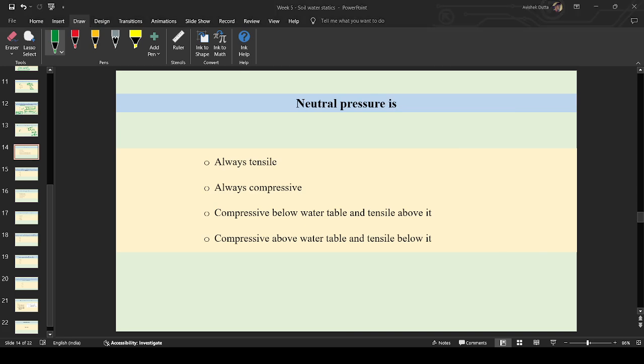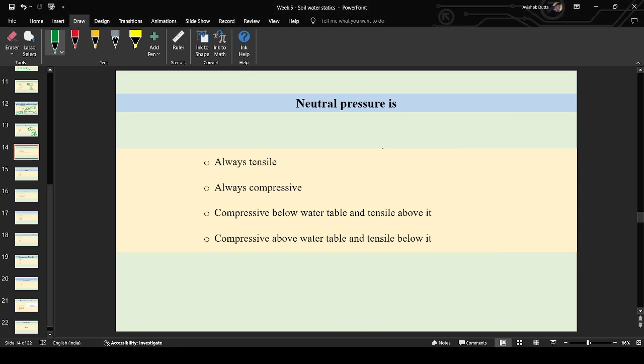Neutral pressure is. This is also easy because a similar question has been solved. What is the answer? This is water table. Sir, this question I raised a small concern earlier. Yes. Neutral pressure in water is different, neutral pressure in soil is different. You have not mentioned anywhere about soil name.